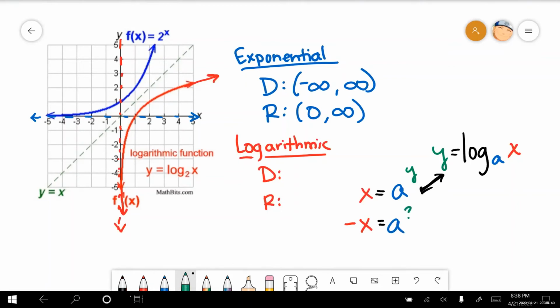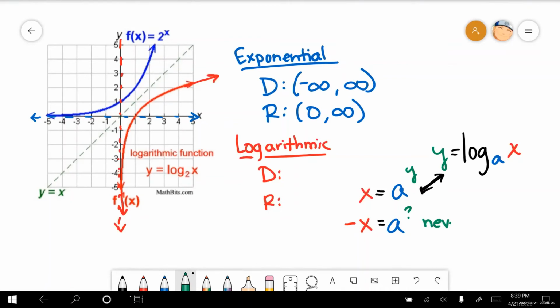What exponent would make x negative? Hopefully you're thinking that as long as a is positive, exponents make all my numbers positive. It wasn't really possible before to have an exponent that would make negative numbers, right? We already agreed on that with the blue function.